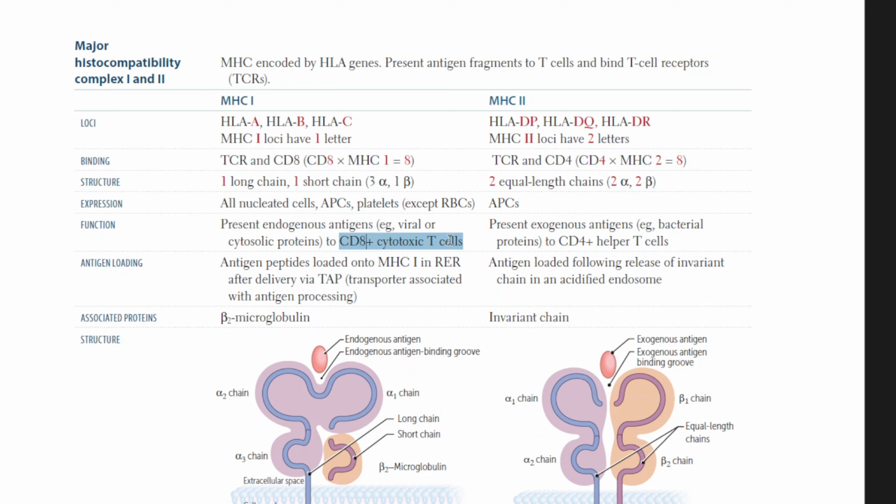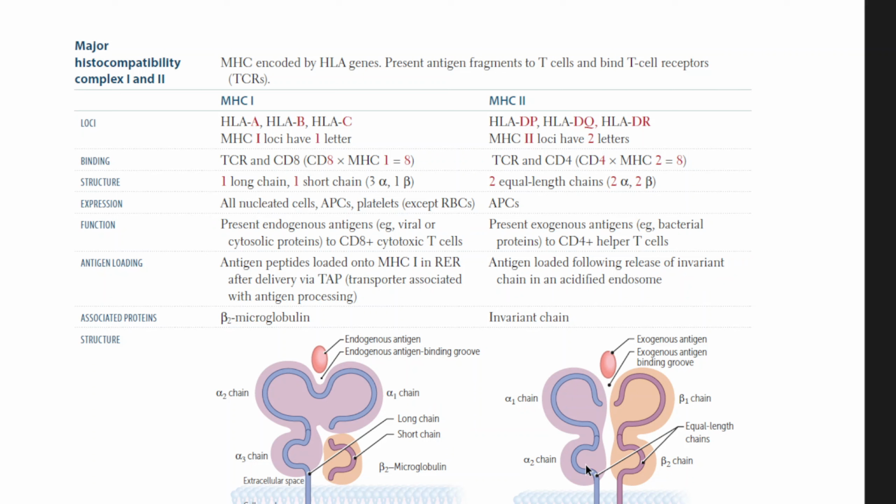So the structure of MHC1 is one long chain and one short chain. You can see here one long chain and one short. And on the other side, there are two equal long chains.